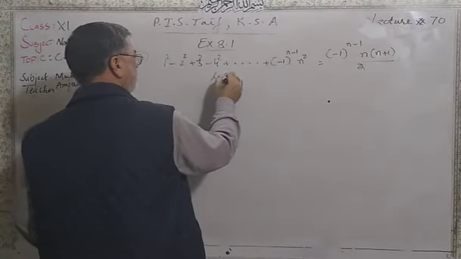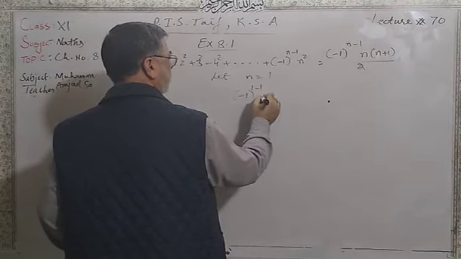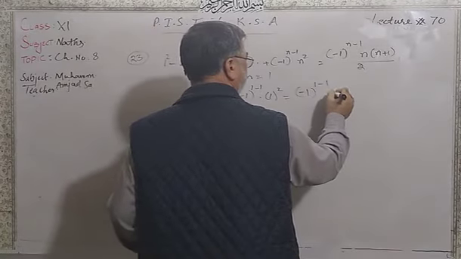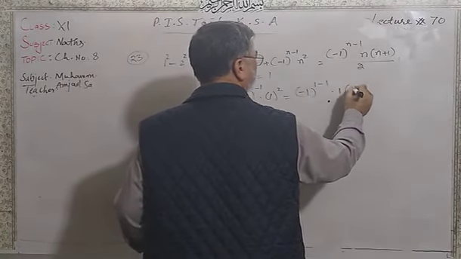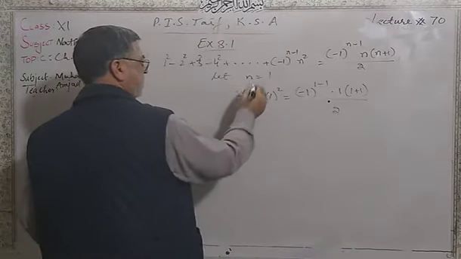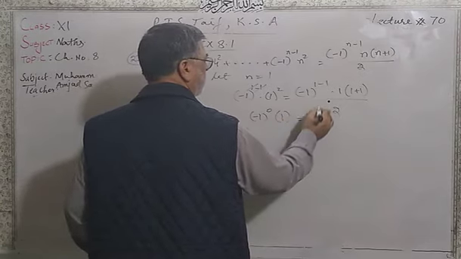Let n = 1. Then (−1)^(1−1) × 1² = (−1)^(1−1) × 1(1+1)/2. This is (−1)^0, and 1 squared is 1.